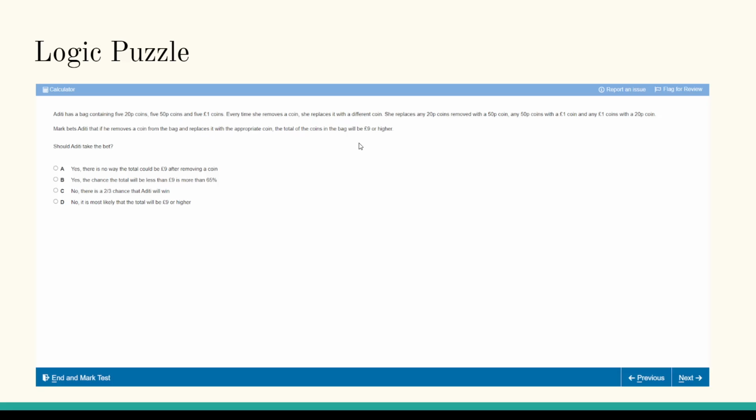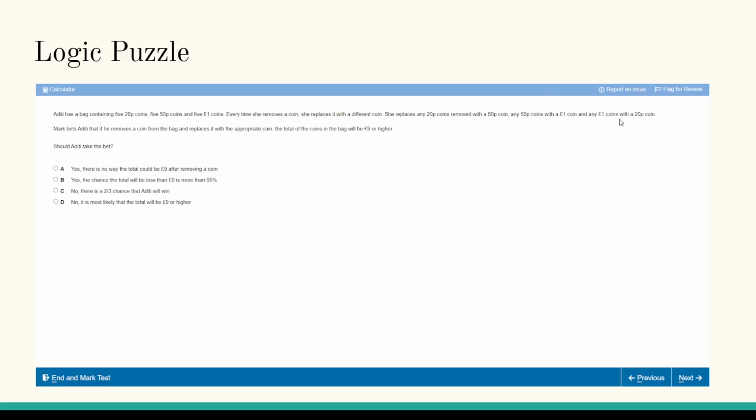If one coin was to be removed, if we did 20p minus £8.50, we'd have £8.30, plus the 50p it got replaced with, it will get us £8.80. If we do this again with the 50p, we get £8, then add the £1, £9. So this will be the only one that will be £9 or higher at the moment.